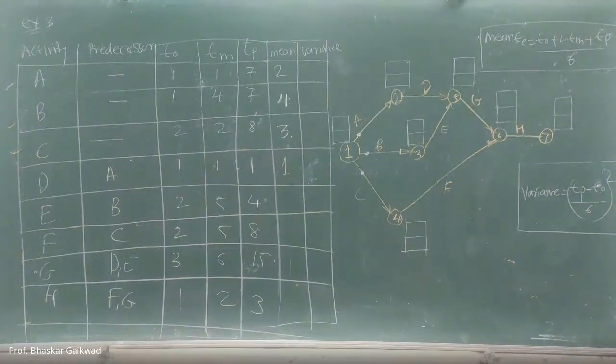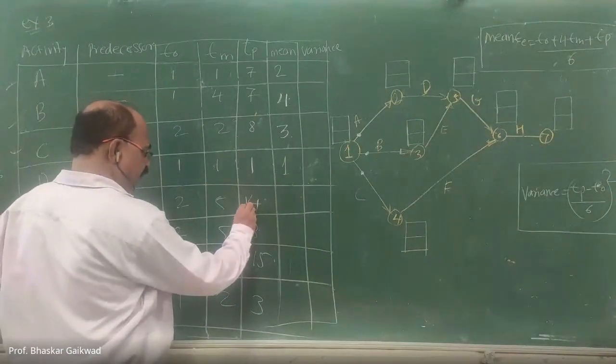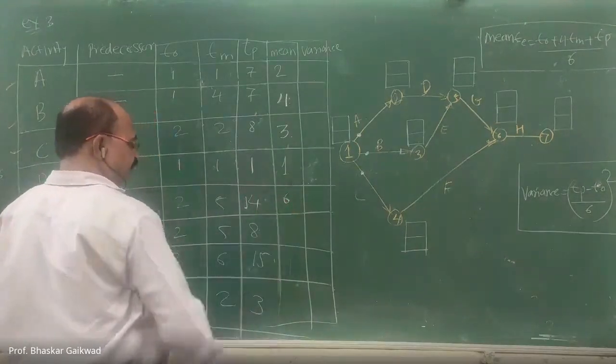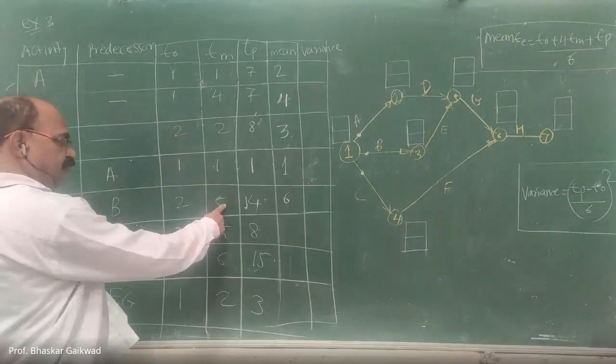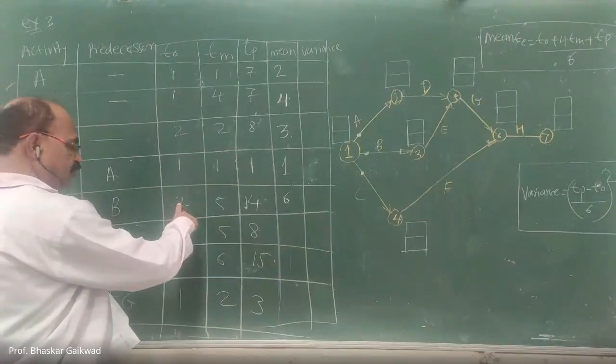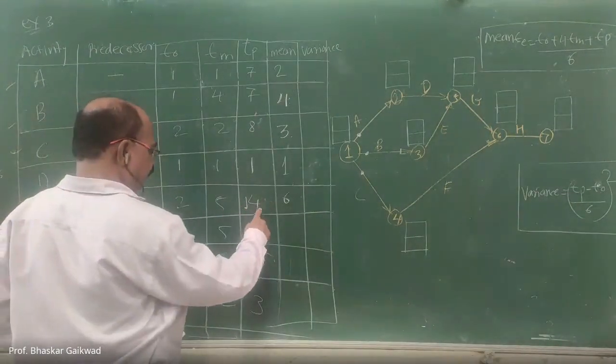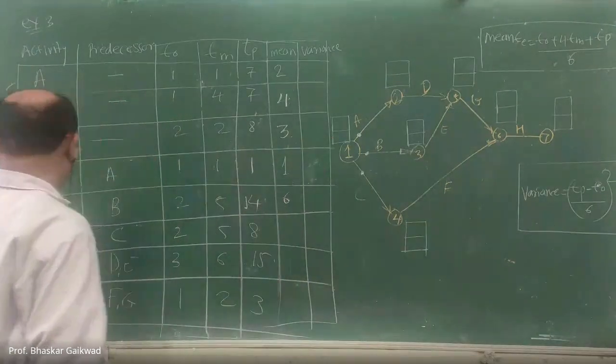So 22 plus 14 divided by 6. How much here? 6. So here instead of 4 there should be 14. So here the answer is 6. So 2 plus 4 into 5, 20. 20 plus 2, 22 plus 14, 36 divided by 6. You will get 6.